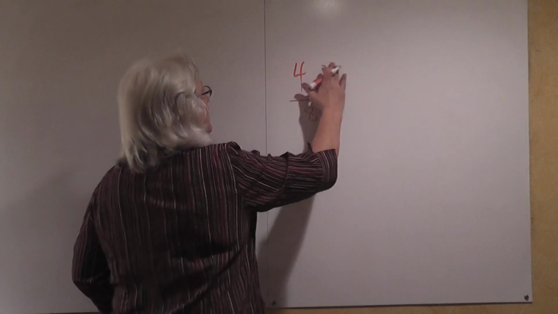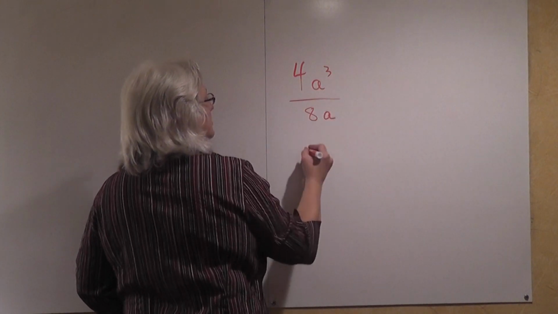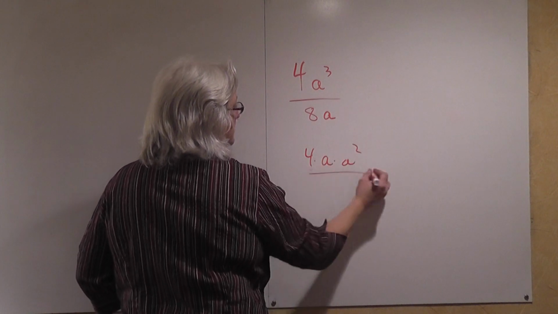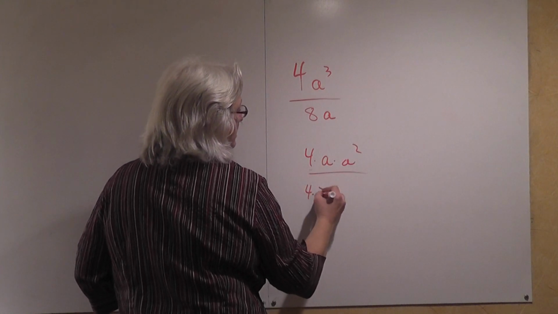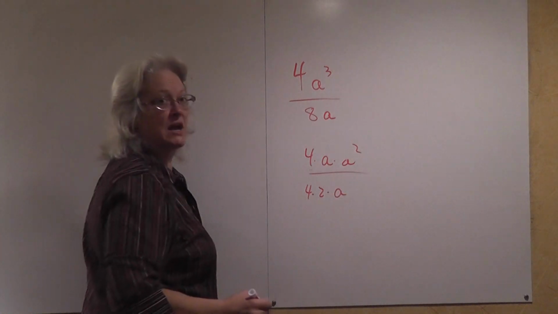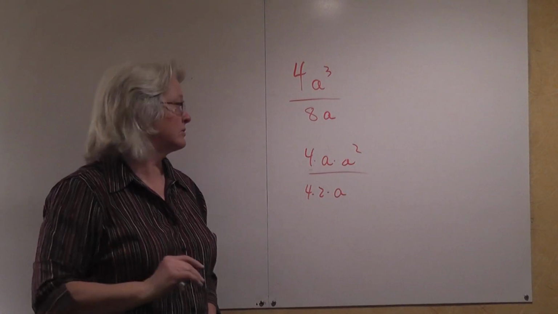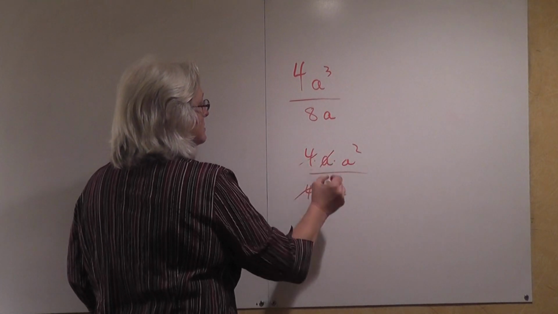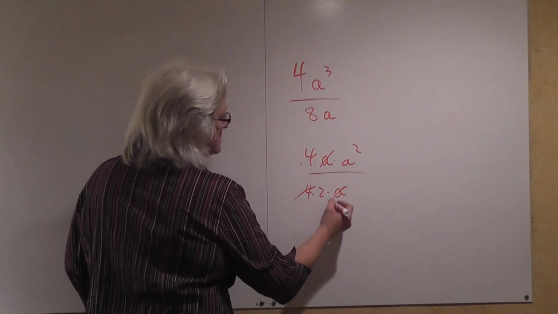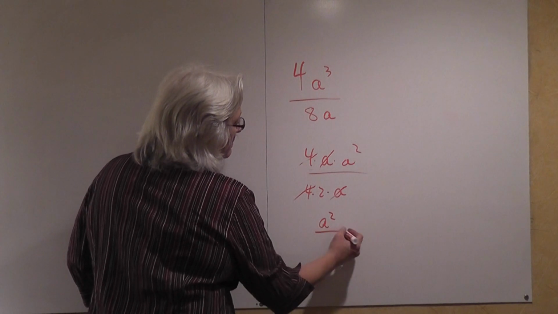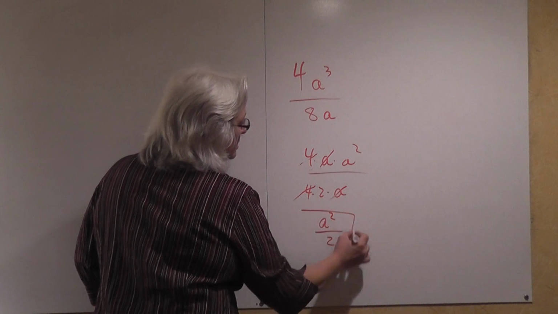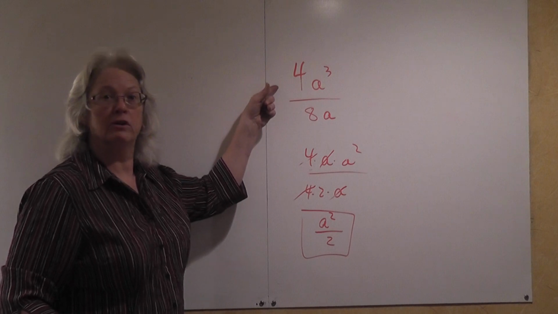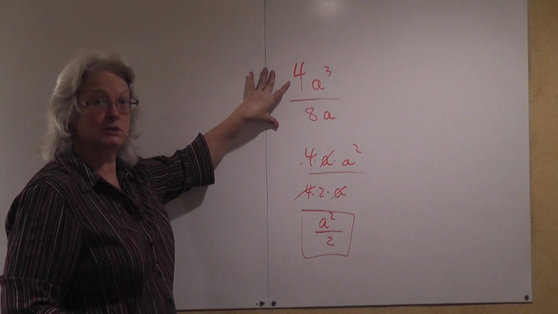That's supposed to be 4a cubed. Look at how I can write this. 4 times a squared divided by 4 times 2 times a. What common factors do you see here that you can reduce? That you can cancel? You can cancel the 4's. You can cancel the a's, and you have a squared divided by 2 is the reduced form of this rational expression.